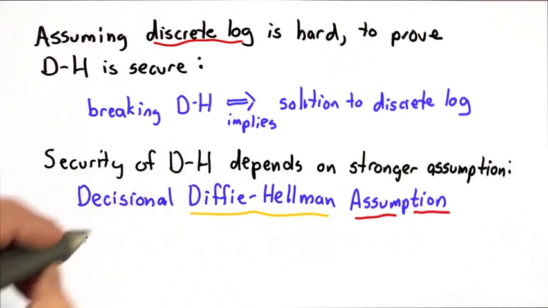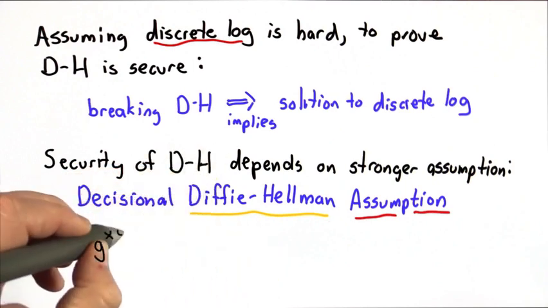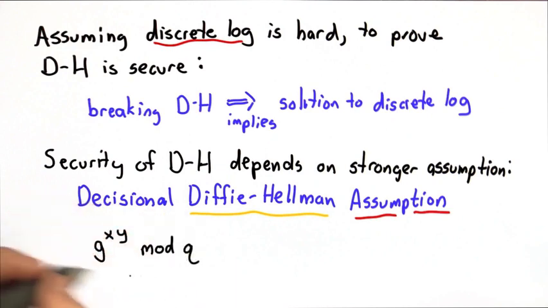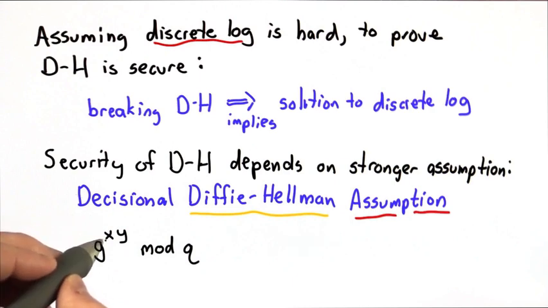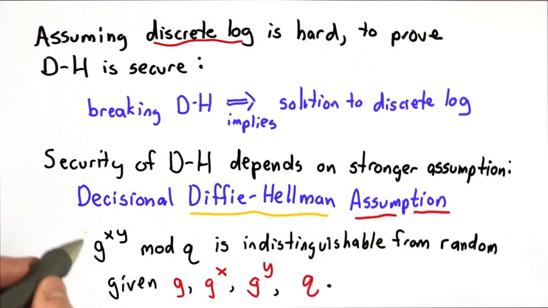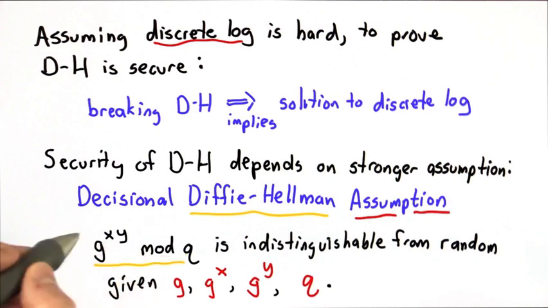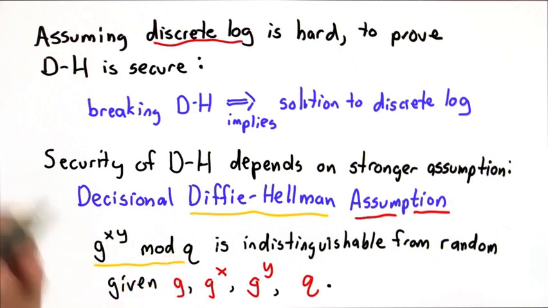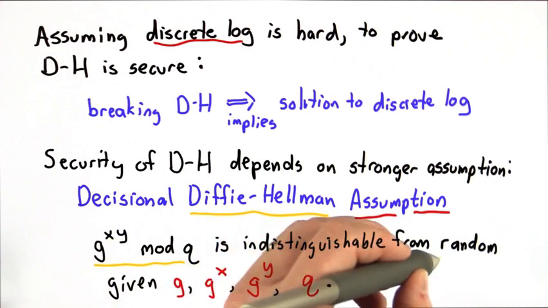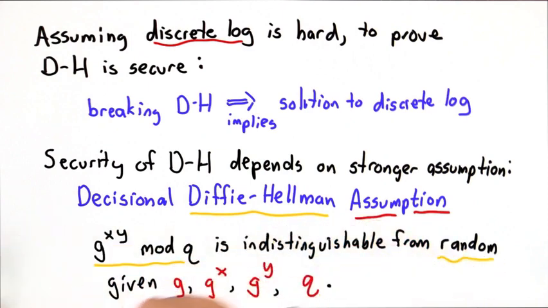And what we're relying on is this property, that g to the xy mod q, and this is how we're computing the key when the xy values, one is the secret value and one is the value that was sent in the previous message. And the assumption is that this value, which is g to the xy mod q, and that's the value that's computed as the key in the Diffie-Hellman protocol, is indistinguishable from random even to an attacker who knows g to the x, g to the y, and q.